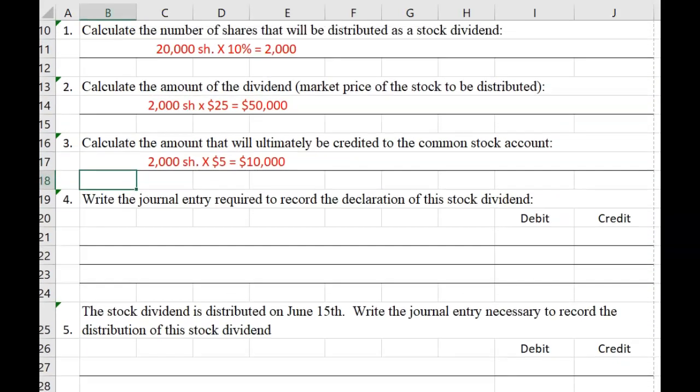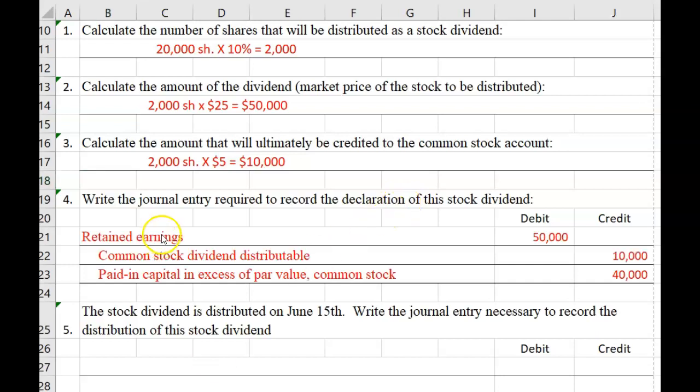We now have all the pieces necessary to record the declaration of this stock dividend. Debit retained earnings, $50,000, which is the amount of the actual stock dividend itself based on the market price. Credit common stock dividend distributable, $10,000. And credit paid in capital in excess of par value, common stock, for the difference, $40,000.